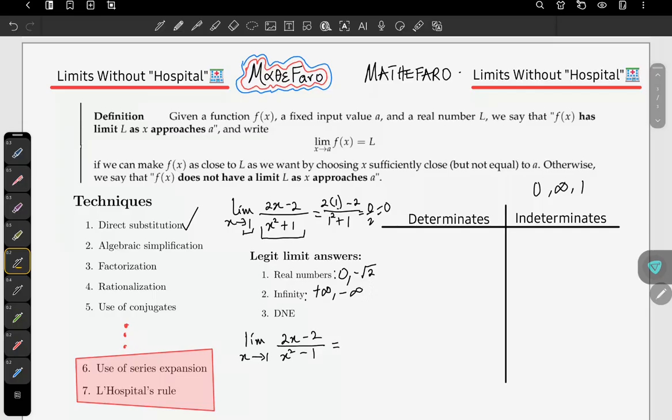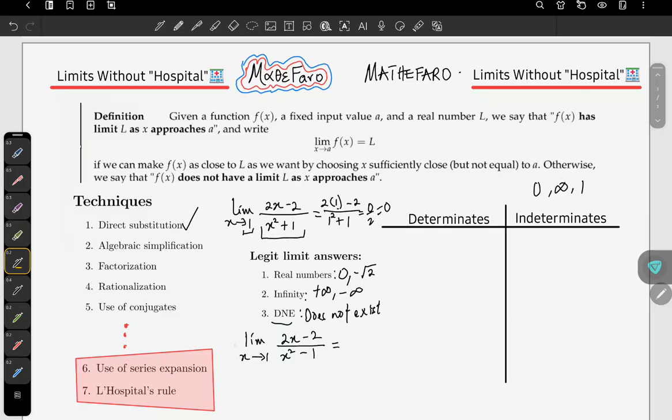Then, not all limits exist. In the other playlist, where we will discuss the theory behind limits, we'll look at one-sided limits. When the right limit does not agree with the left limit, we say that the limit does not exist. DNE means does not exist, and that is different from undefined.